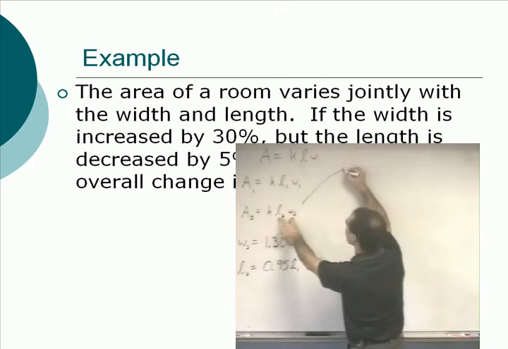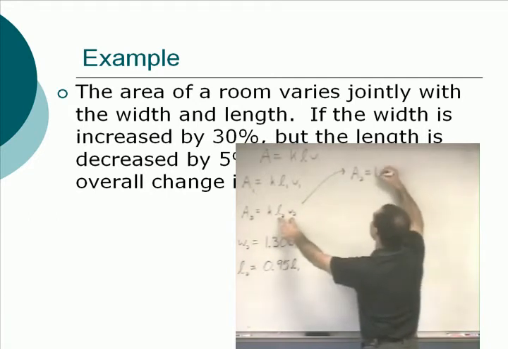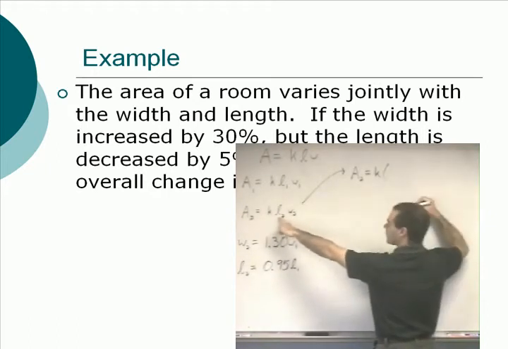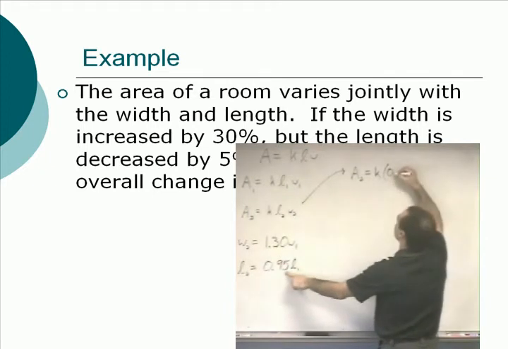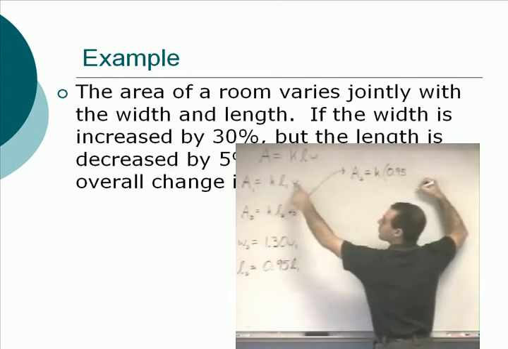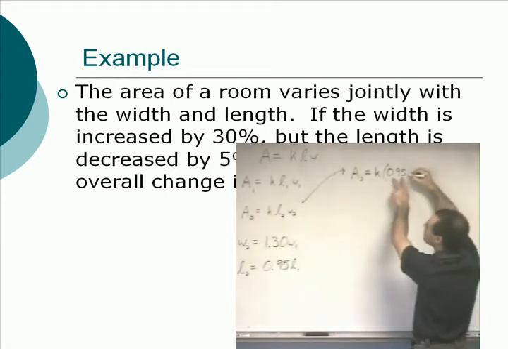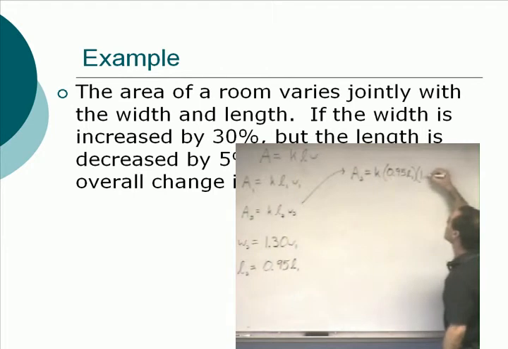Our new area will be k times, not L2 anymore, instead 0.95 L1. We're again putting the new one in terms of what the old one was. The new area is 0.95 times the length of the original, and the width is 130% of the original.